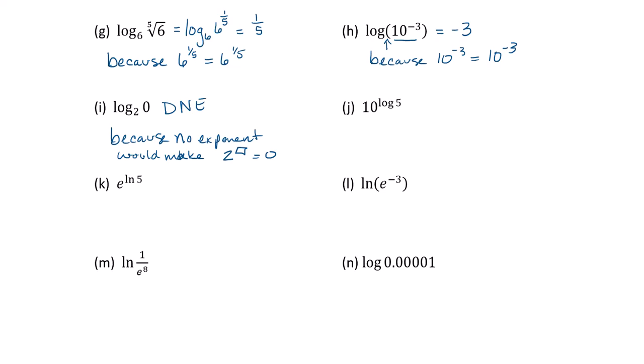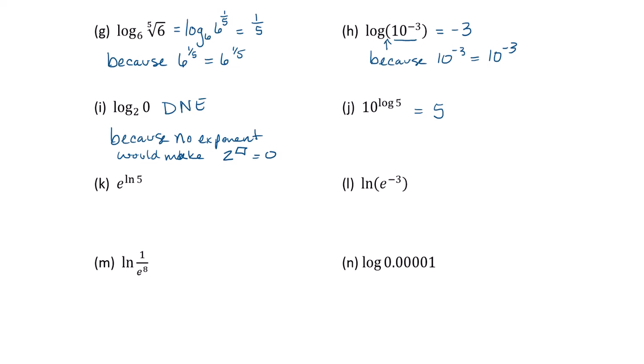Here I have 10 to the log base 10 of 5. This is an inverse property where I have a base with a logarithmic exponent of the same base. And the answer is going to be the exponent.